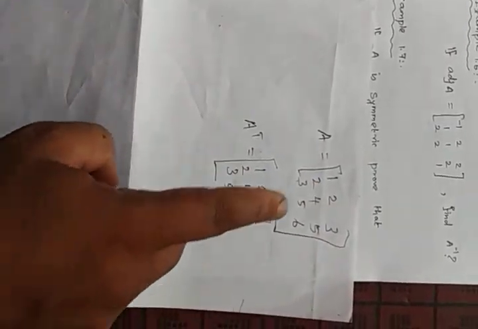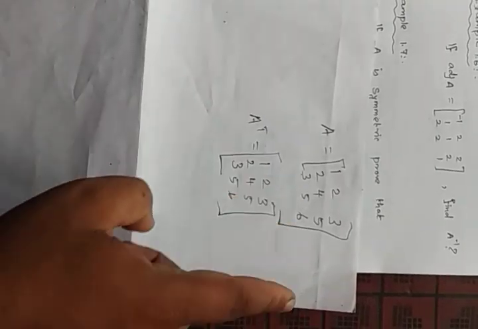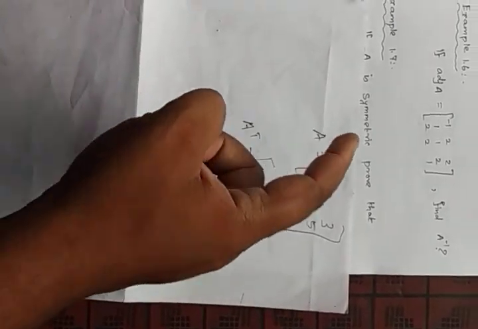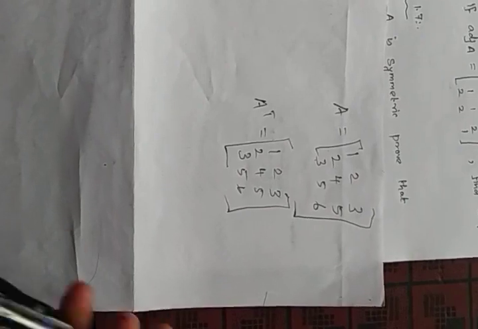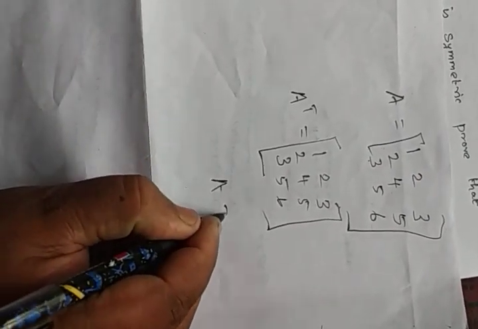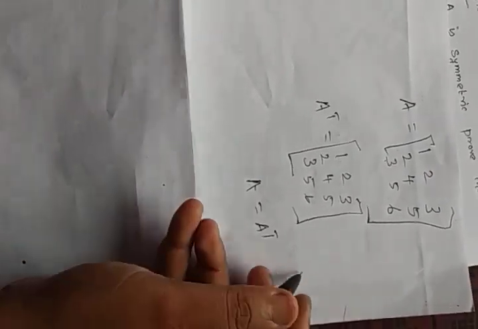Now you can see the comparison: 1, 2, 3 and 1, 2, 3; 2, 4, 5 and 2, 4, 5; 3, 5, 6 and 3, 5, 6. After taking the transpose there is no change. So A equals A transpose, which means they are the same after taking the transpose.